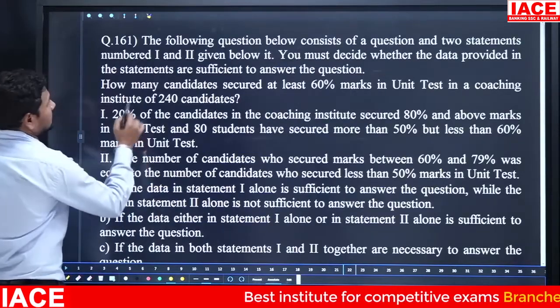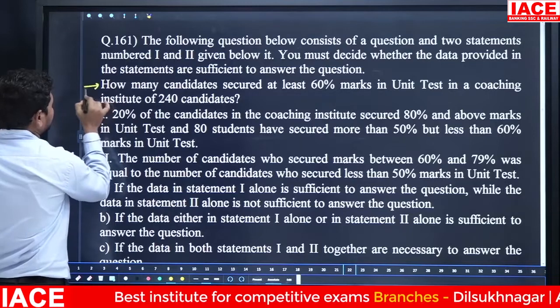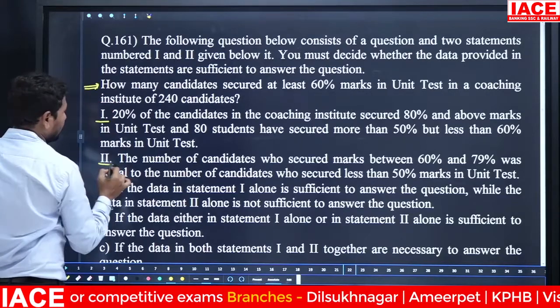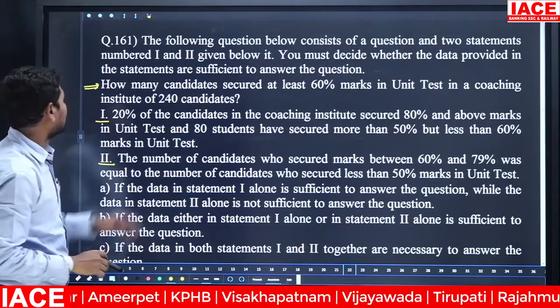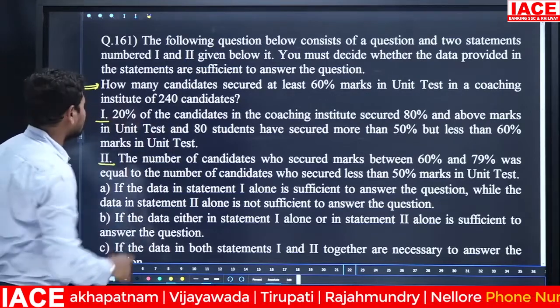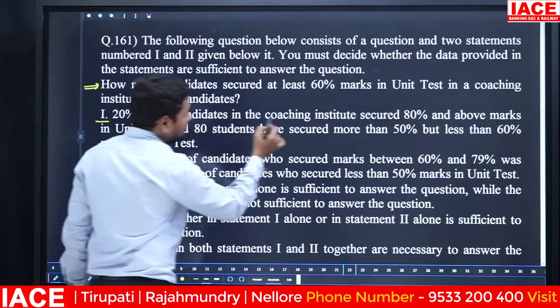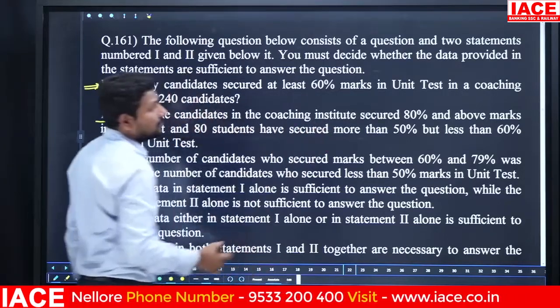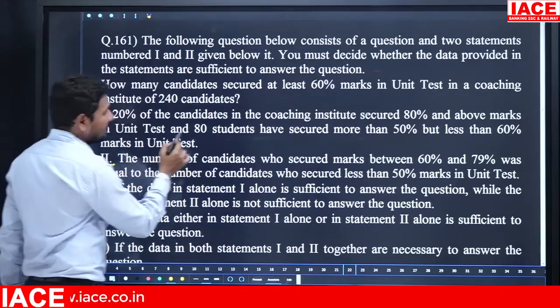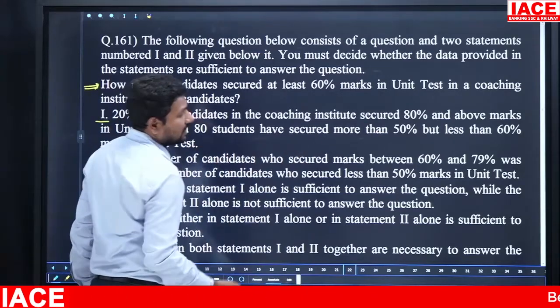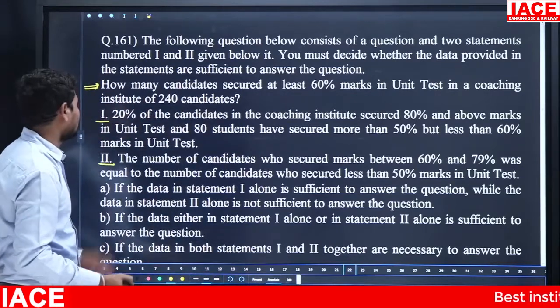Next, here is the question. Then statement 1 and statement 2. How many candidates secured at least 60% marks in a unit test in a coaching institute of 240 candidates? 20% of the candidates in the coaching institute secured 80% and above marks in the unit test, and 80 students have secured more than 50% but less than 60% marks.